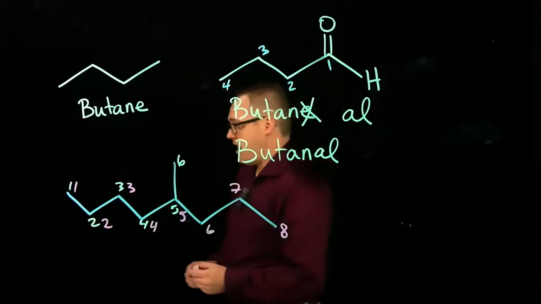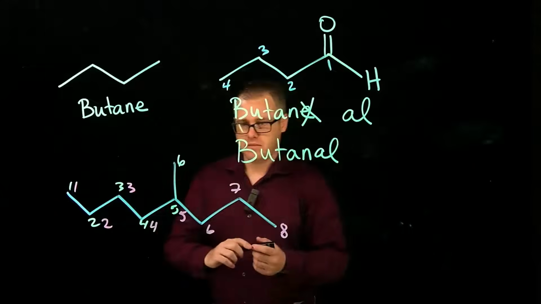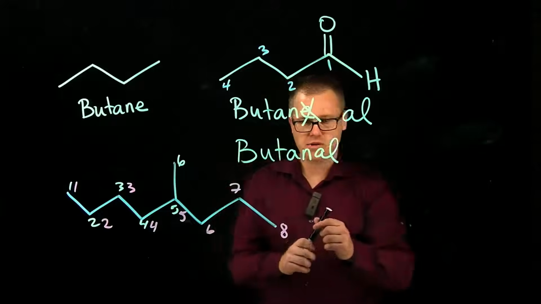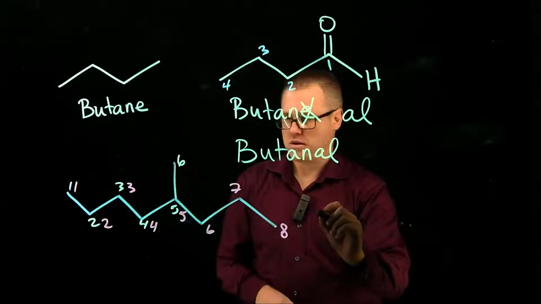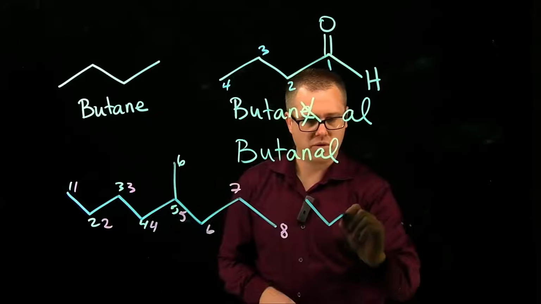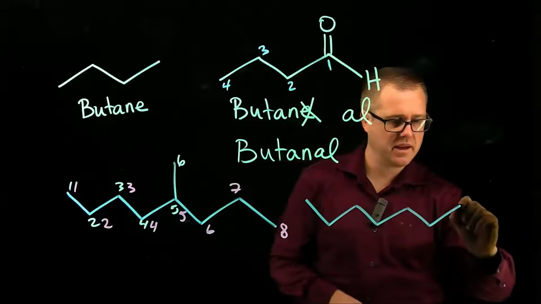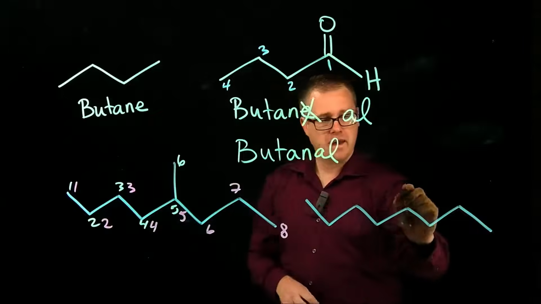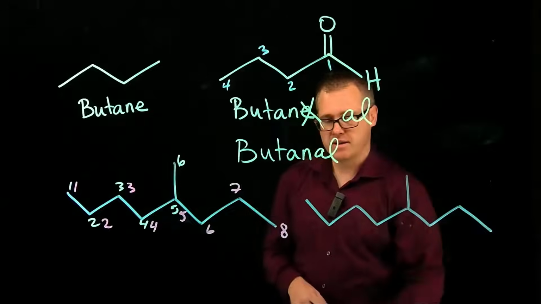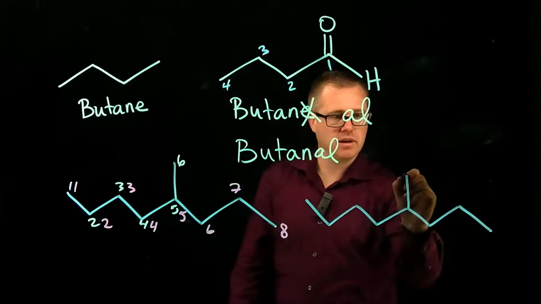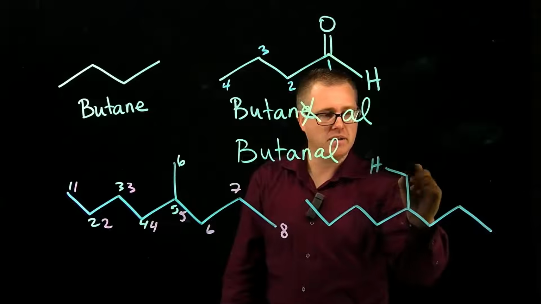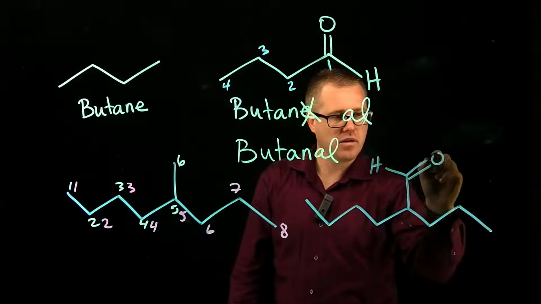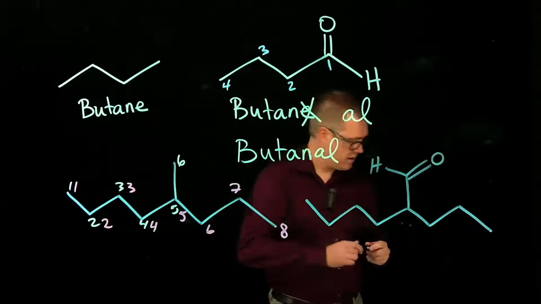But let's change this up a bit. Okay, so I want to draw it over here. So 2, 3, 4, 5, 6, 7, 8. And then right here, instead of putting a methyl group, let's put an aldehyde. Okay.